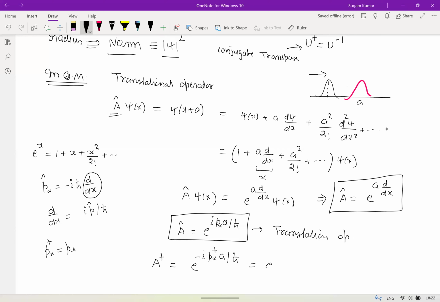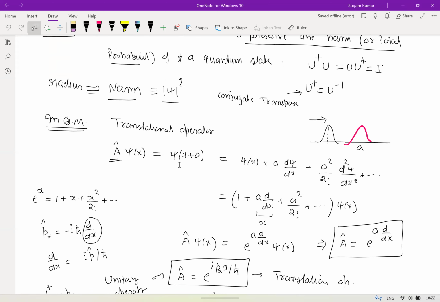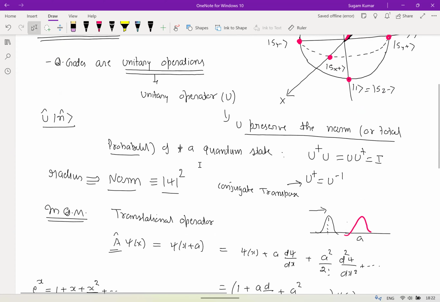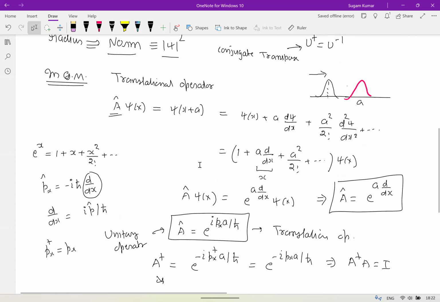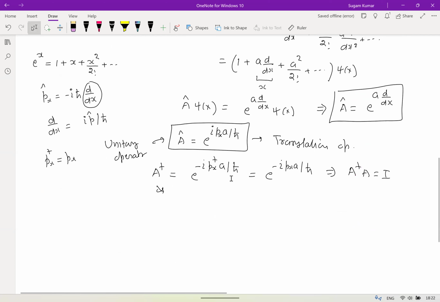So this is e to the power minus i px a upon h-cut. From there, you can see A dagger A is equal to I. So I can certainly say this A is a unitary operator. I'm just giving some examples, just to let you feel comfortable with what unitary operators are.